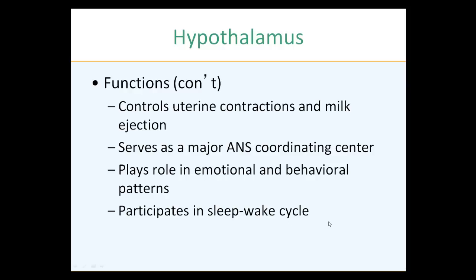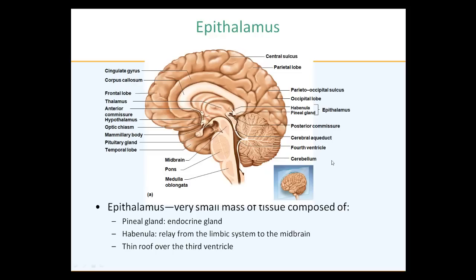The other thing that helps in the sleep-wake cycle is the epithalamus, which mainly is the pineal gland that is found behind or below the hypothalamus. And the pineal gland secretes a very important hormone we all know called melatonin, which is supposed to regulate your rhythm. I don't know if I have a slide of it. Yeah, I do.